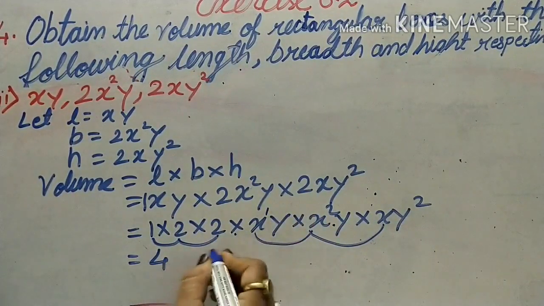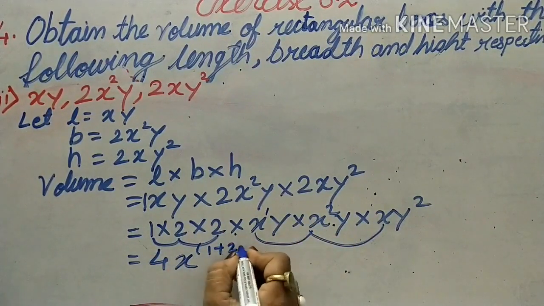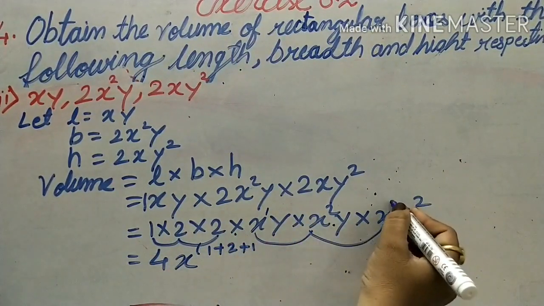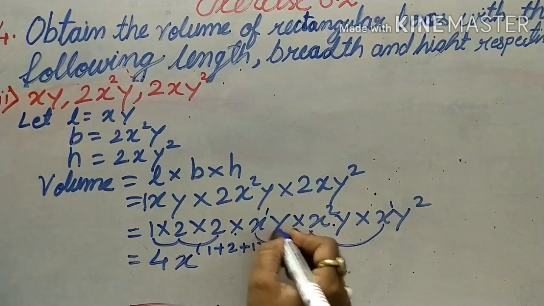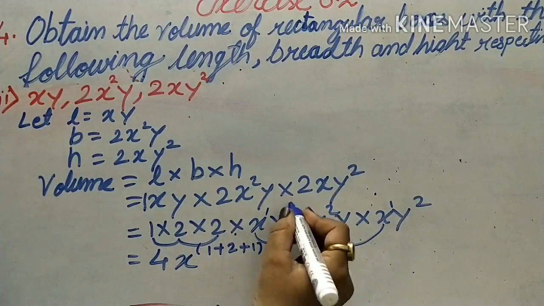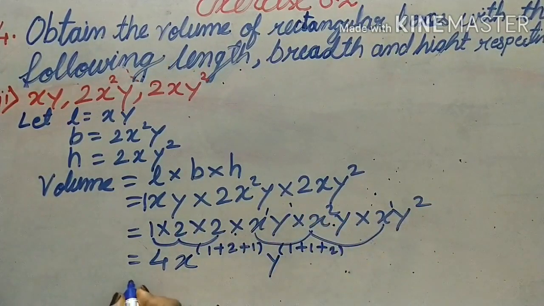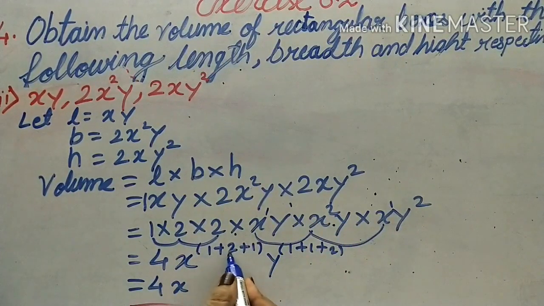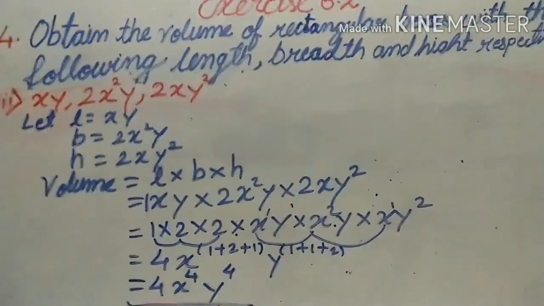It is like this, x raised to 1 plus 2 plus 1, here no power means 1. Next y is equal to, no power means 1, 1 plus 2. Therefore the answer is 4x raised to, add this power, 1 plus 2 is 3, 3 plus 1 is 4, y raised to 1 plus 1 is 2, 2 plus 2 is 4. So this is the answer.